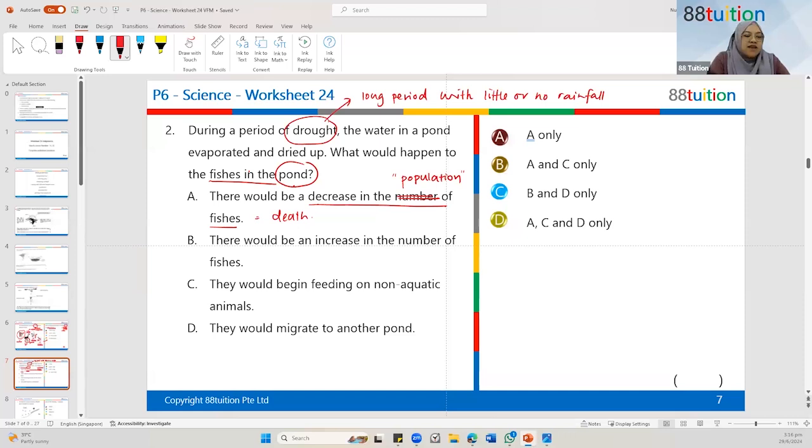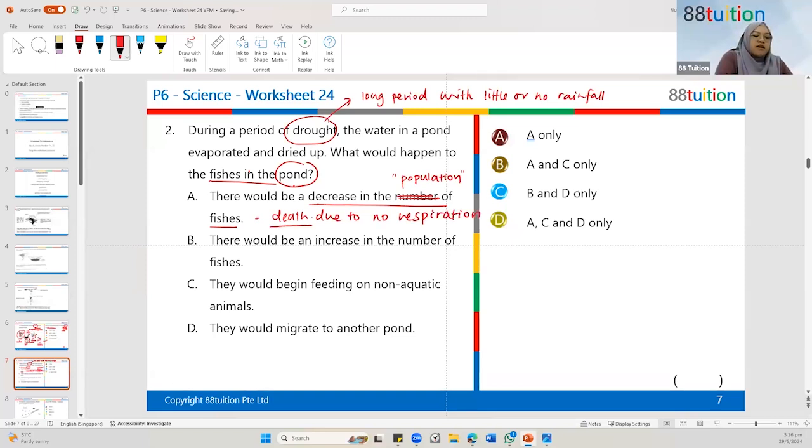Because they have gills, they are only adapted to get oxygen via gaseous exchange in water. Okay, in water, not with water, in water. So with no water, the gills can't take in oxygen from the air like us. So they will die because they cannot respire, due to no respiration.